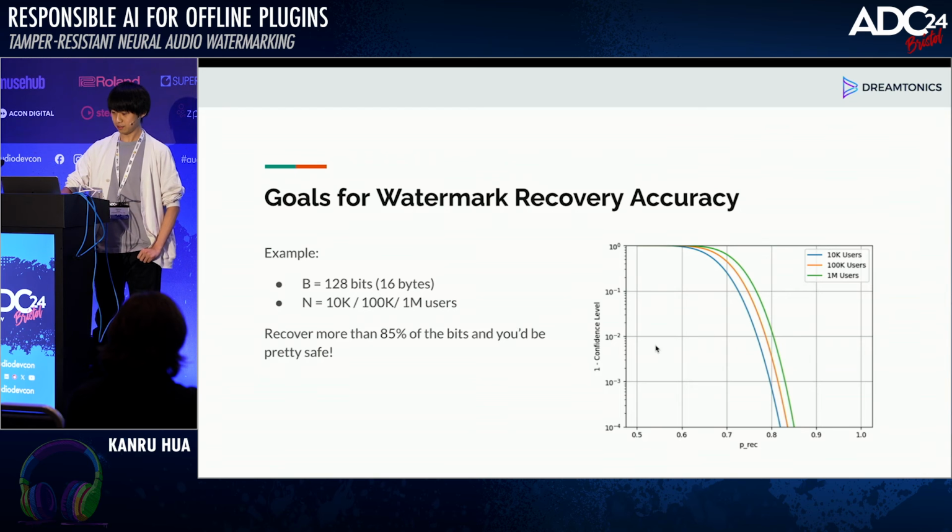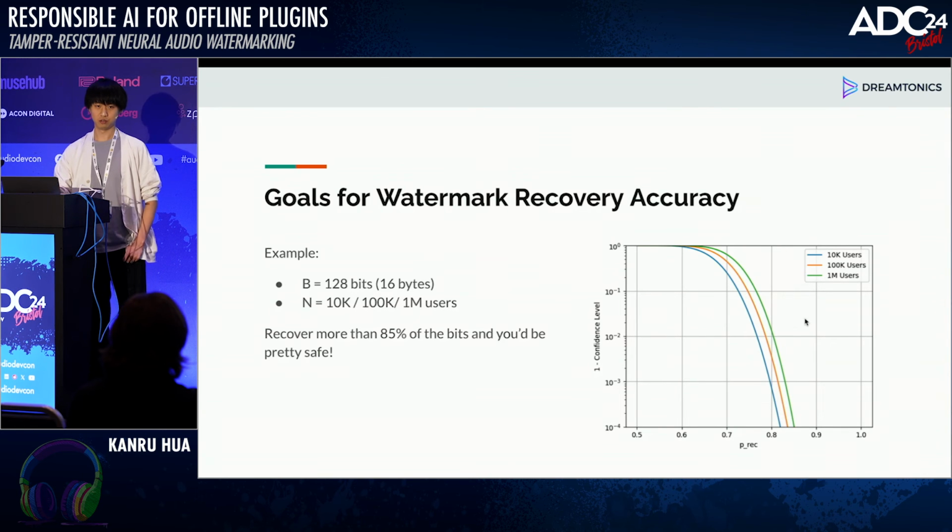You want the confidence level to be really close to 1, because you don't want to put the blame on any innocent users. You definitely don't want that to happen.